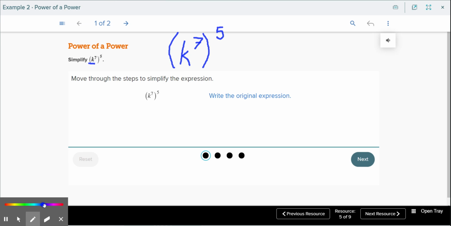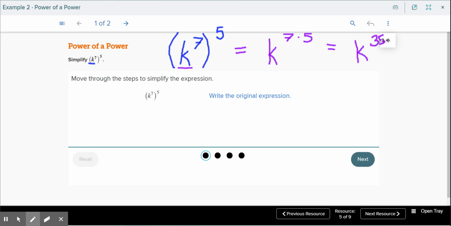So that k value has that double exponent. Our base number stays the same, and here our base number, instead of being a number, is a variable. So our base number is k. And again, power of a power, we multiply our exponents together, and we would get an answer of k to the 35th.